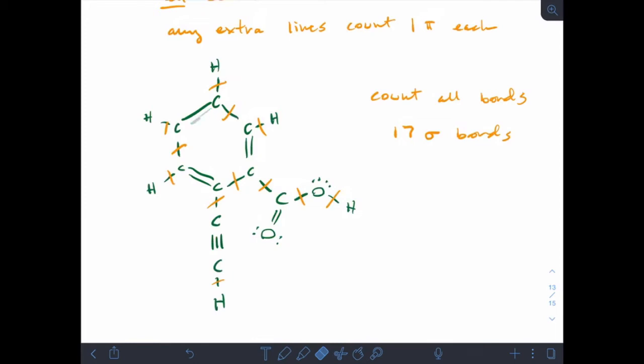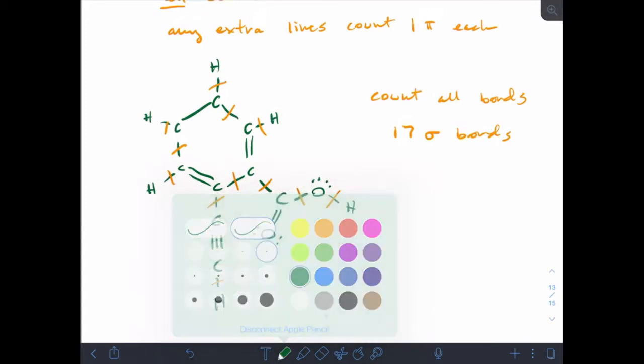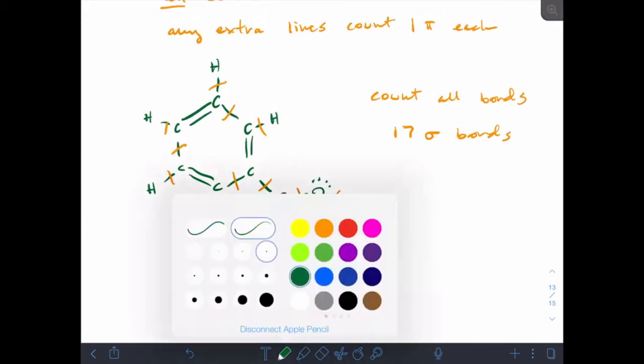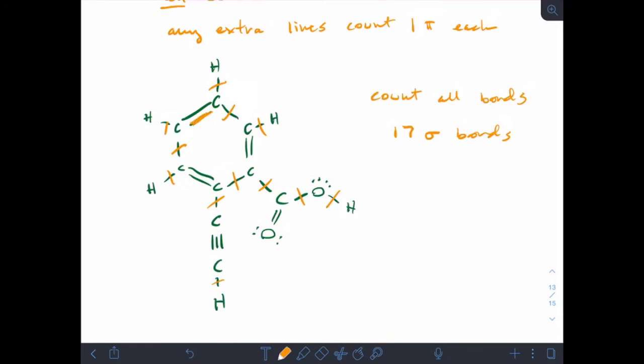So we have 1, whoops, that's the eraser. Make that green. Right, so we have 1, 2, 3, 4, 5, 6 extra bonds. So that means that I have 6 pi bonds.